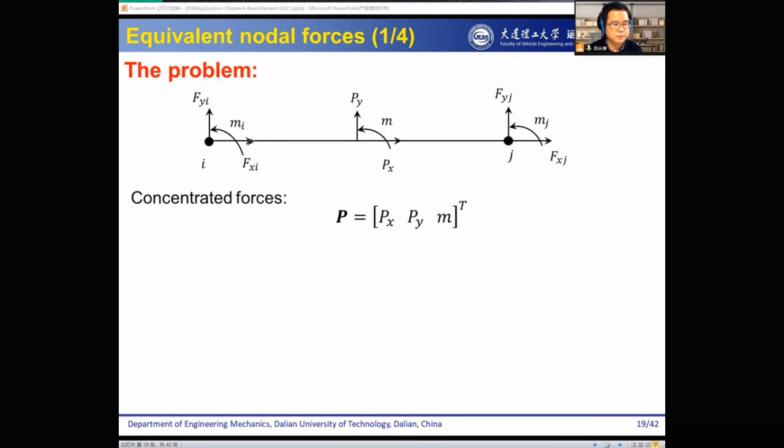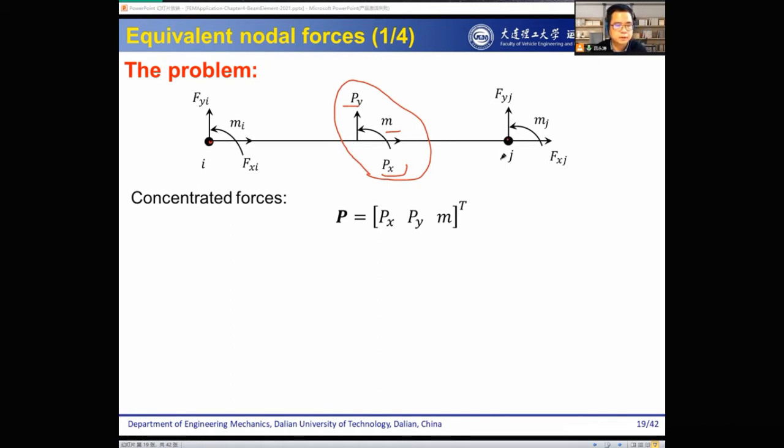So the problem we have here: we have the concentrated forces Px and Py and the moment, and this is our element. It has two nodes, node I and node J. We can see those concentrated forces are not on the node.